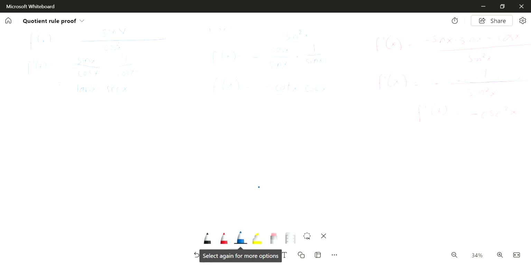That means the derivative of that function is low times the derivative of high minus high times the derivative of low all over low squared. So say it's u over v, where u and v are both functions. That would mean it's u prime multiplied by v minus u multiplied by v prime all over v squared. V in this case is low, u is high.